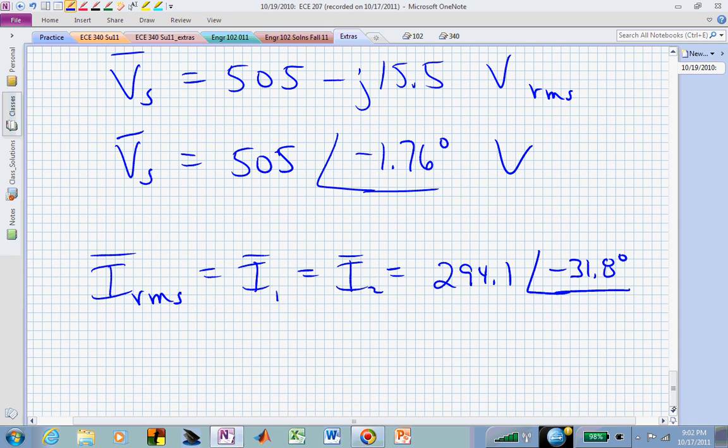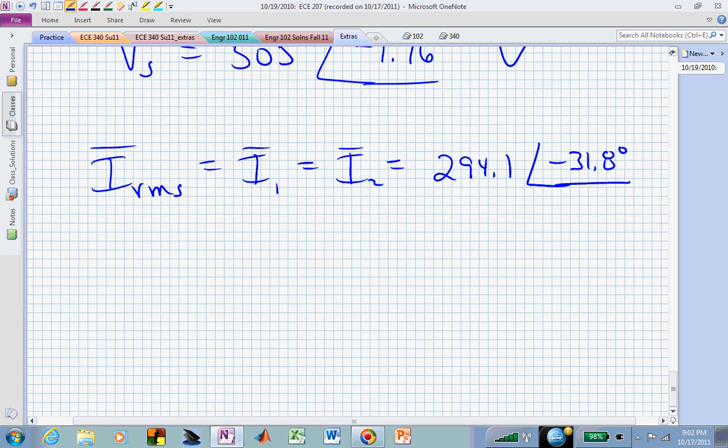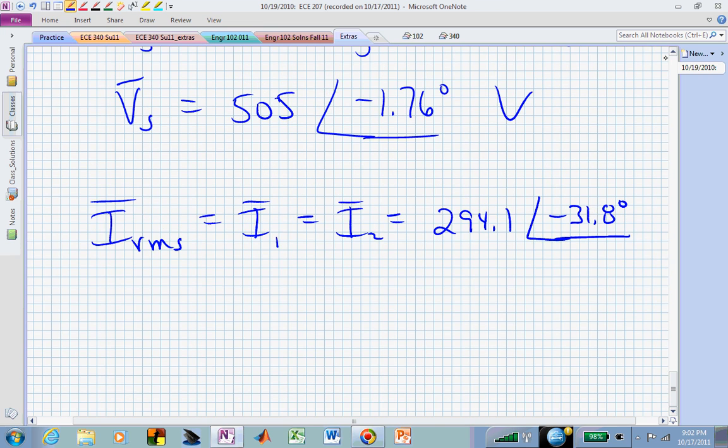We now know then that the difference in the angle between the voltage and the current, which we could call theta sub S for the theta of the supply, or theta total, is theta V sub S minus theta I sub S.